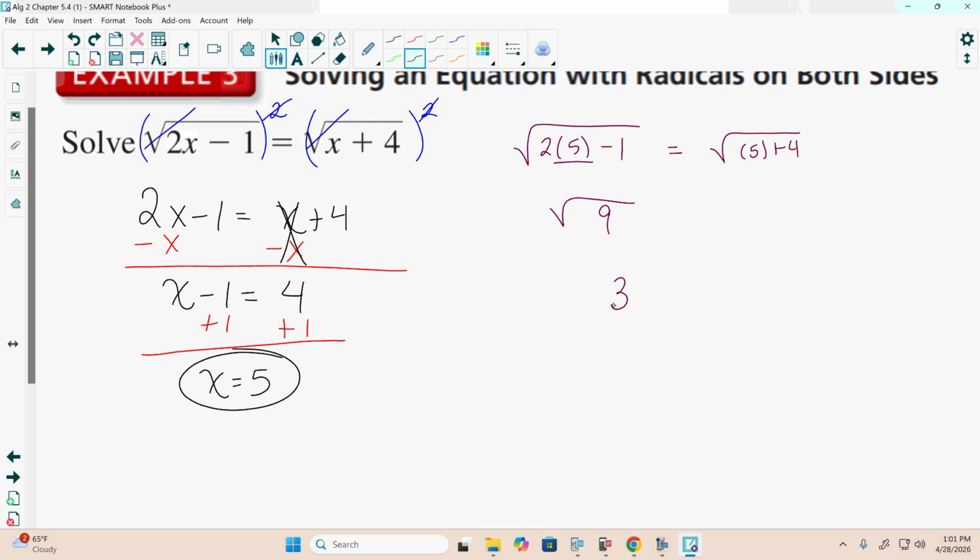Square root of 9 is 3. 9, 3. Questions on this here?